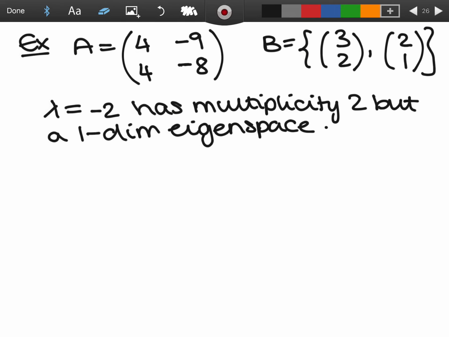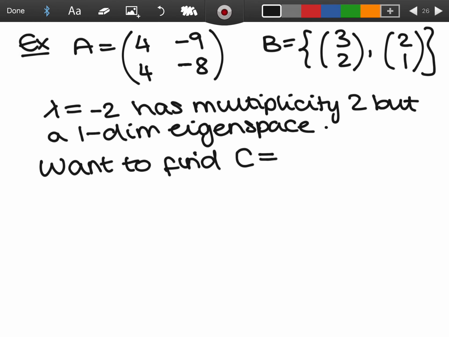So what we want to do here is find the matrix that is similar to A such that it's going to be the B matrix of T. So it's going to be the matrix that is going to map any vector X in terms of our basis B into the image of that vector in terms of the basis B. Okay, so we want to find, we'll call it C, which is the B matrix of T. Now we know that A and C have to be similar.